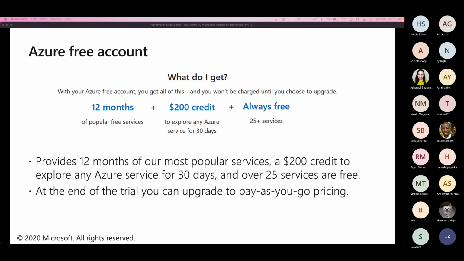Generally, they don't do anything complex in there, but they will get you buying into the cloud at the end of the trial. After the trial you can upgrade to pay as you go pricing.